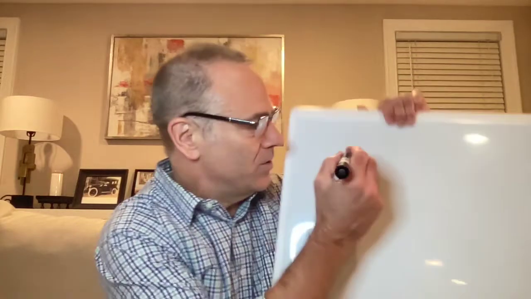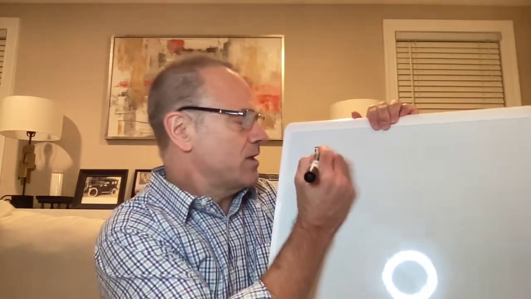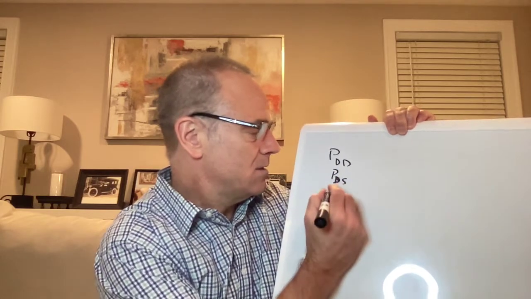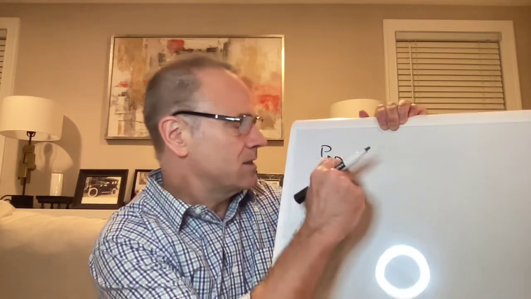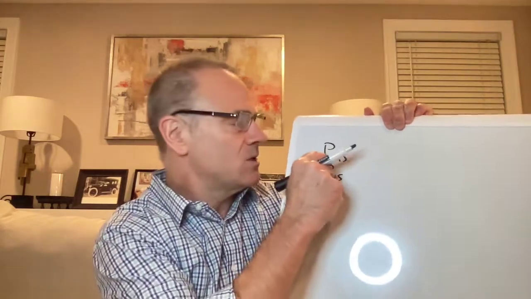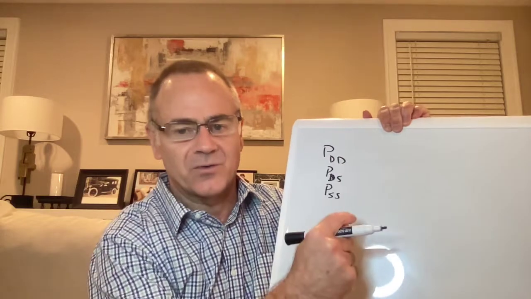And so, for instance, you're going to have a likelihood. In your homework, you're going to create these terms: PDD, PDS, PSS. These terms are, given a crash, what's the probability that both drivers were drunk?